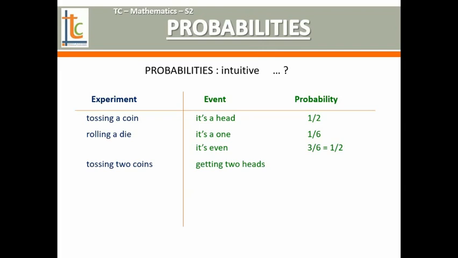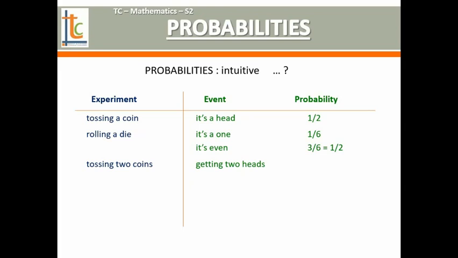For example, let's analyze the situation. If you toss 2 coins, you get 3 different types of possible results. You get 2 heads in the end, or 2 tails, or 1 head and 1 tail. So you could think that the probability of getting 2 heads is 1/3, but it's not. In fact, each coin has a probability of 1 over 2 to make a head or tail.